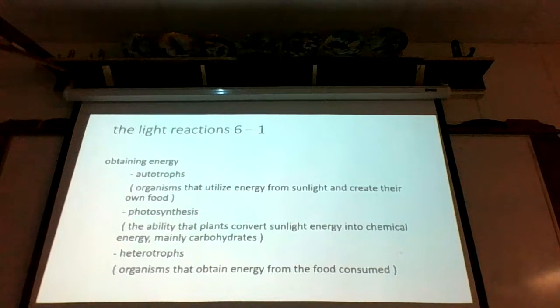One, of course, we already know that they absorb sunlight, and involves a process with the electron transport chain, and we'll get into that a little later on today. And that's what we are talking about here. So the process of photosynthesis is for autotrophs. They create their own food.